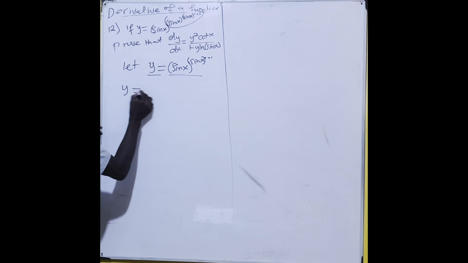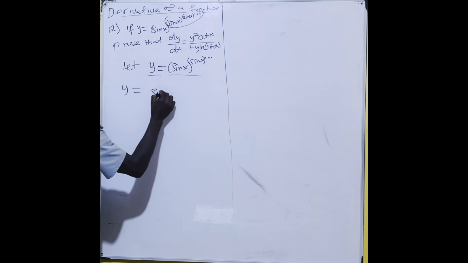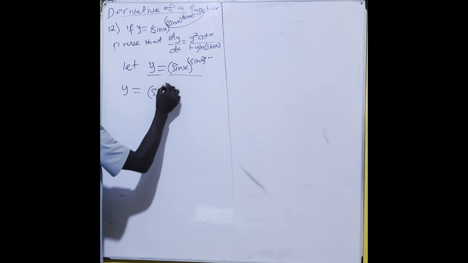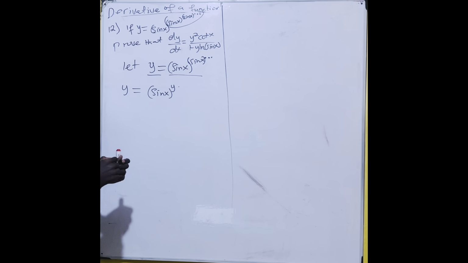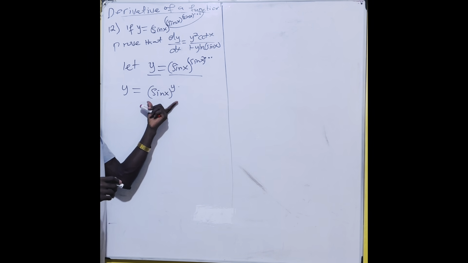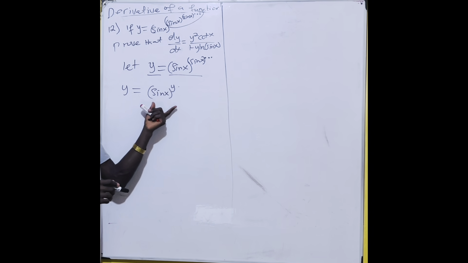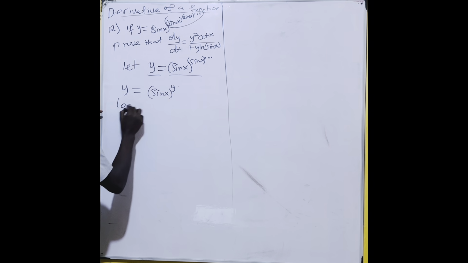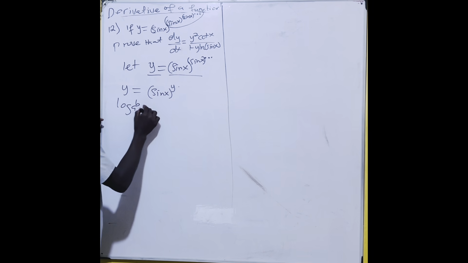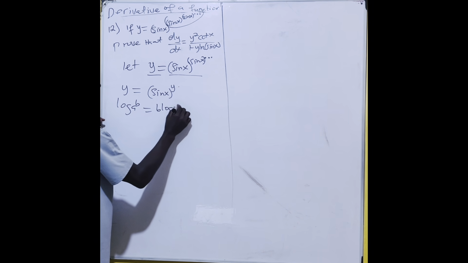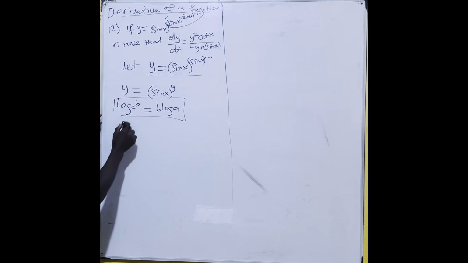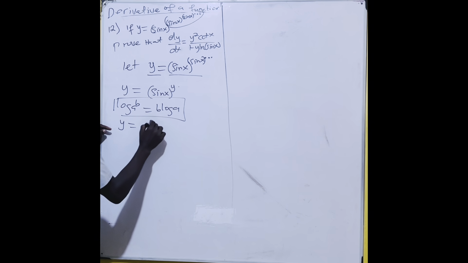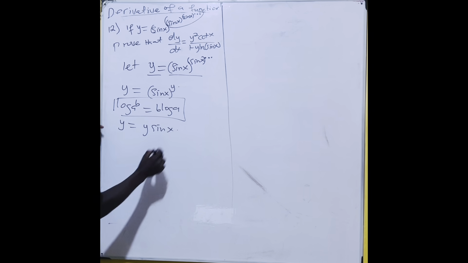So we can say that y is equal to sine x to the y, right? So before we can differentiate this, we have to apply the natural log properties. So we know that log a exponent b is equal to b log a, right? So we can see that we have y equals y sine x.